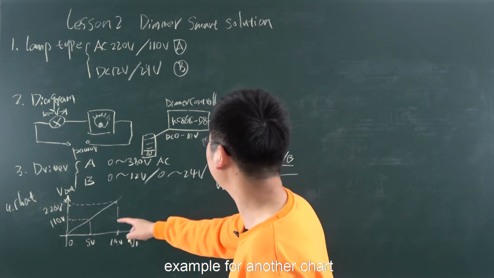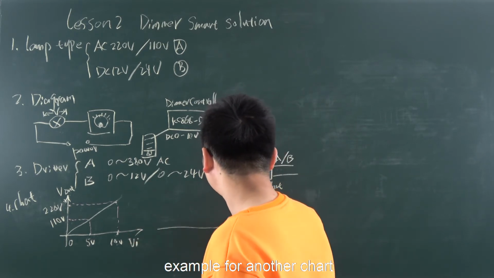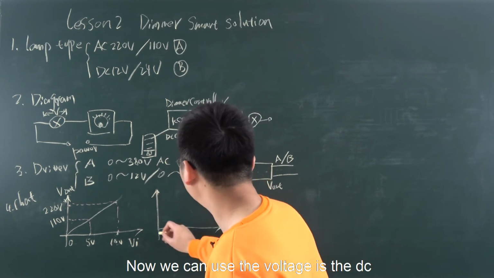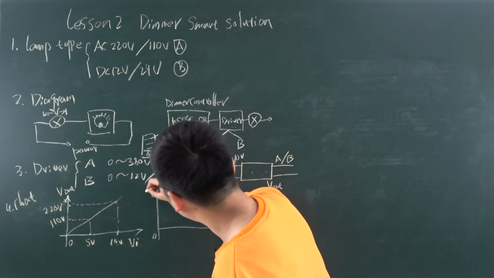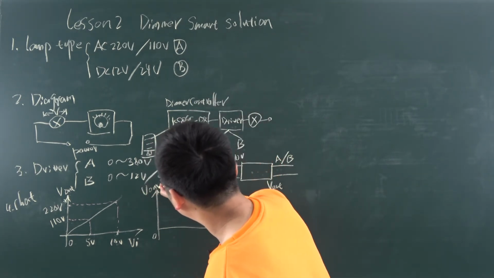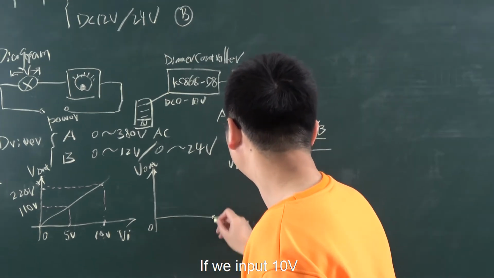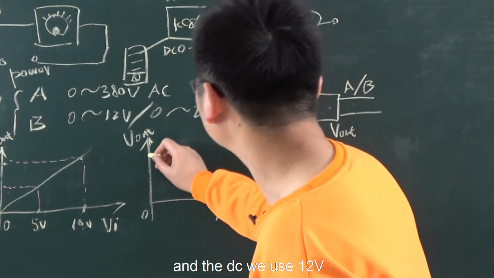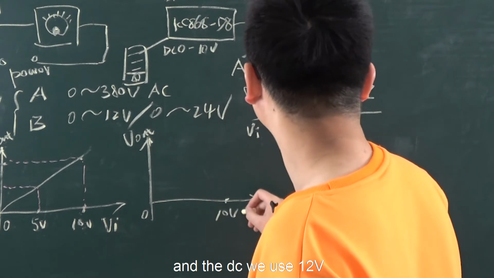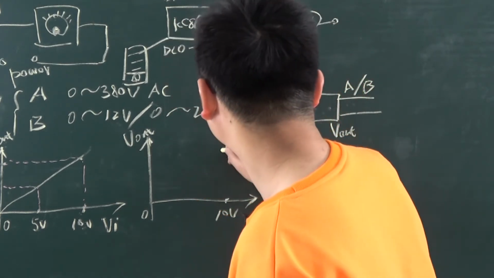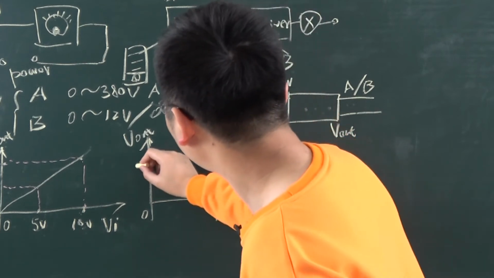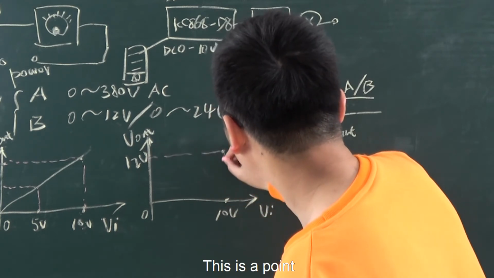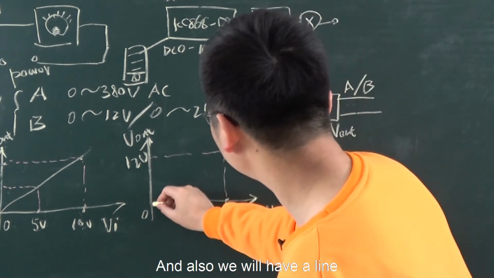And also we can take an example with another chart. Now the voltage we use is DC. If we input 10 voltage and the DC we use is 12 voltage, this is the point, and we will have a line.